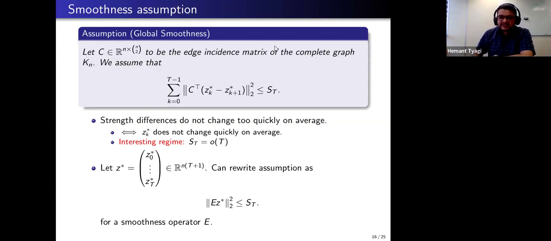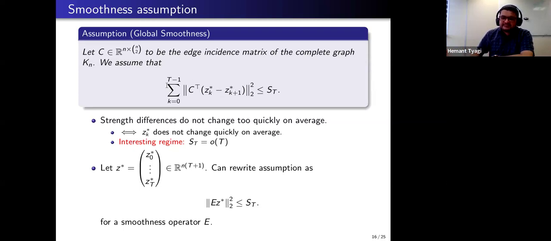If you denote C to be the edge incidence matrix of the complete graph, it says that the vector of pairwise comparisons at time k is not very different from the vector of latent pairwise comparisons at time k plus 1. But you can actually ignore the C transpose here and just say that the sum over k of the norm squared of Z_k star minus Z_{k+1} star is bounded by S_T. So it's like a quadratic variation assumption on your signal, nothing else.